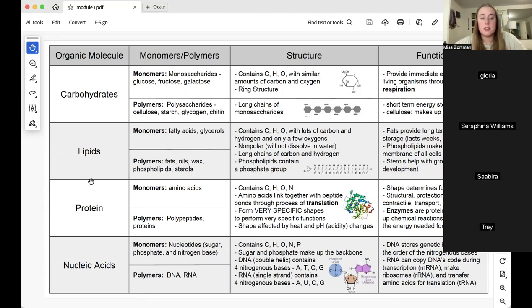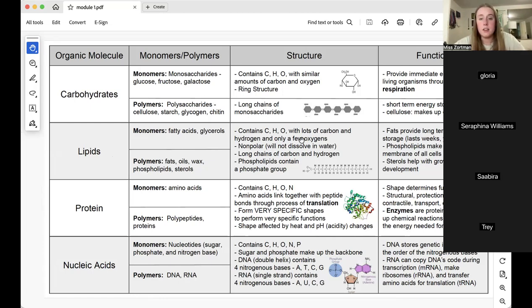Lipids. Lipids are our fats, which can be solid or liquid. Liquid would be things like vegetable oils, primarily, whereas our fats would be things you'd find in animal meat, waxes, and all of those things. The monomer, there is really no true monomer for lipids, but sometimes they throw in fatty acids like they did here, because oftentimes lipids are going to have multiple fatty acids and glycerol as a backbone.